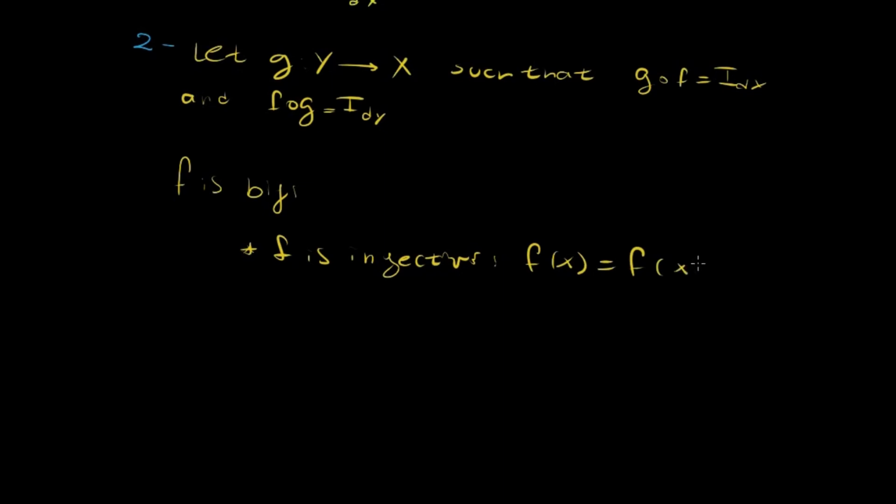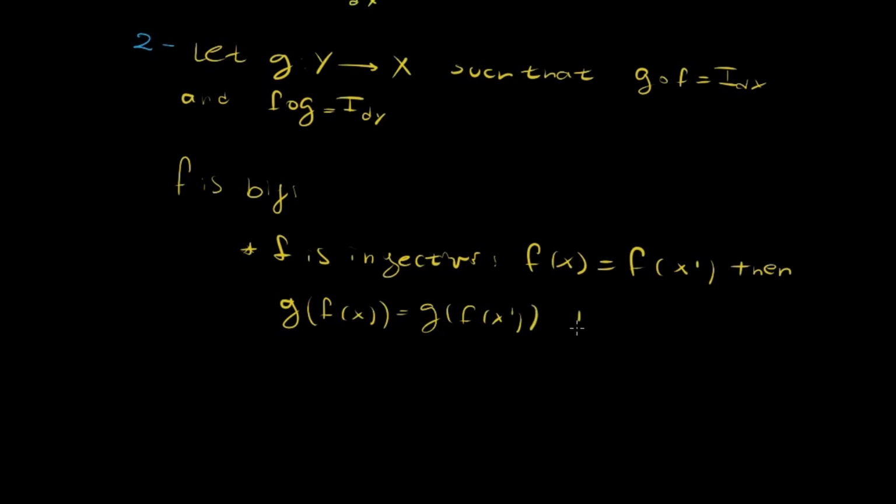If f of x equals f of x prime, then let's use the only thing we have. We can compose this with g, and this would tell us g of f of x equals g of x prime.